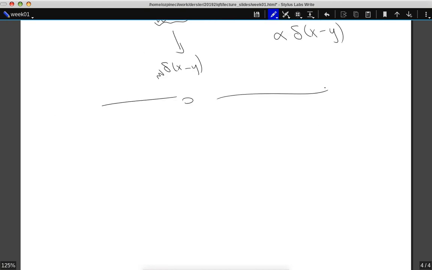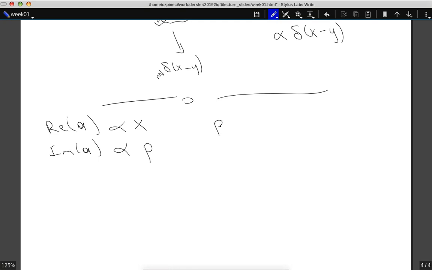Now, how do we go from the Hamiltonian to the Lagrangian? Well, let's just remember our harmonic oscillator case. In the harmonic oscillator case, we had defined the A operator. The real part of the A operator was actually our position, and the imaginary part of the A operator was proportional to the momentum.